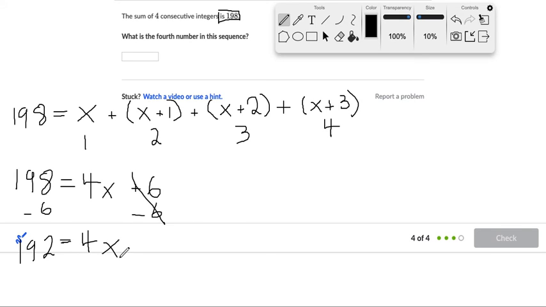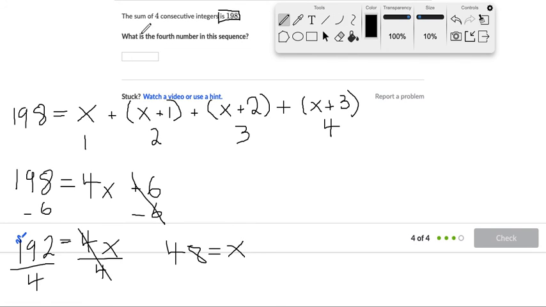All right, got to get x on its own, so we'll divide both sides by 4. Just like that. And 4 divided by 4, well, that'll cancel to 1. We'll just get x on its own. 192 divided by 4, that's going to get us 48 equals x.